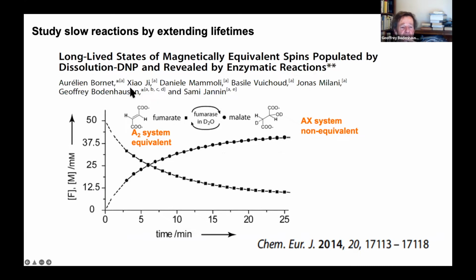Anyway, they started with fumarate, which is this particular molecule, and if we assume that all the carbons are C12, none of them is carbon 13, and the oxygen is oxygen 16, then these two protons are strictly magnetically equivalent. In fact, they're so equivalent that it would be almost possible to generate a singlet state between them.